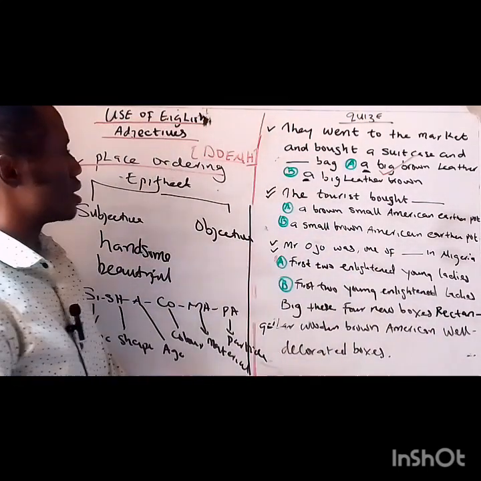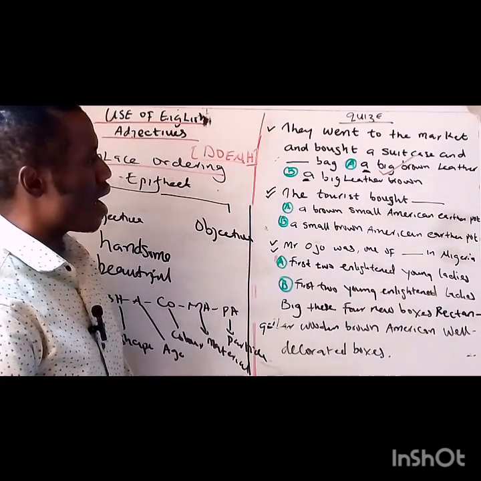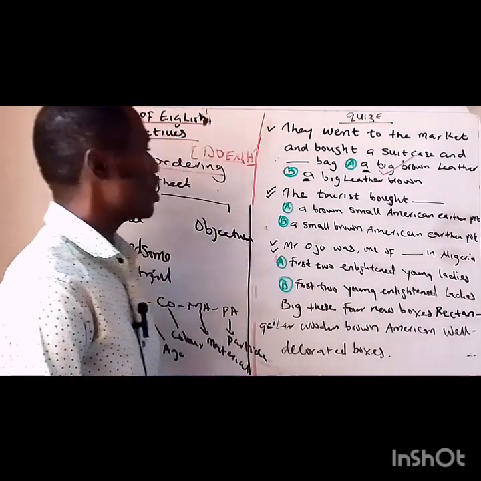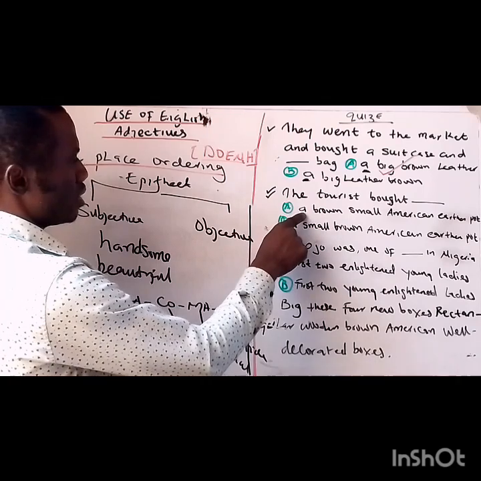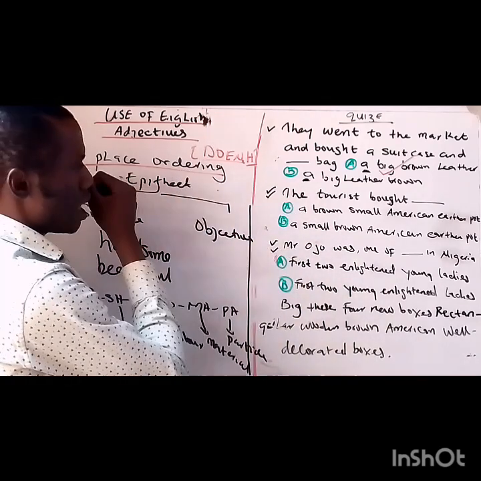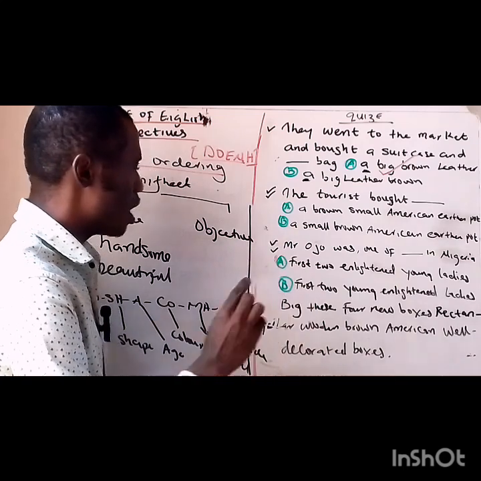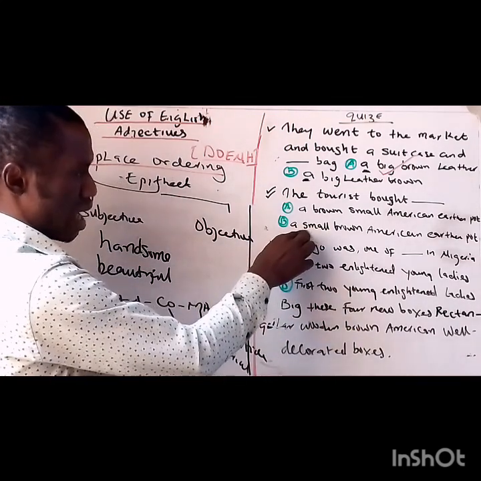Now let's look at this. The tourist bought a brown small American hidden pot. Now, let's look at the structure of arrangement. A, which is the determinant, and then brown, of course, the color should not come before the size. So we believe this should be the answer.